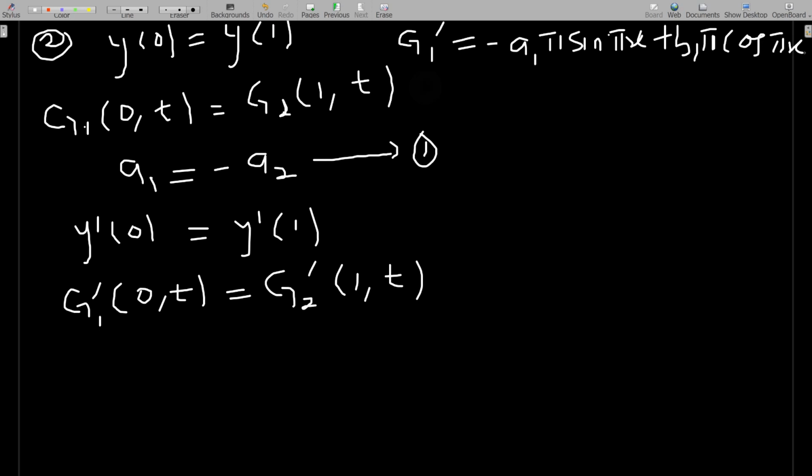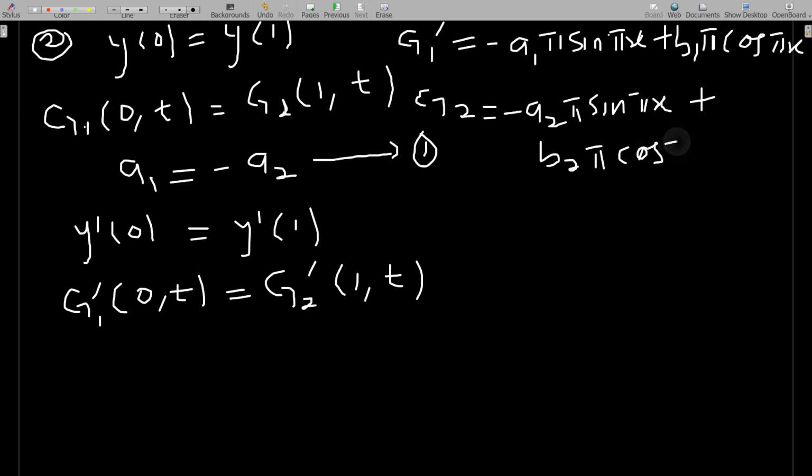For g2 prime, it is the same thing with the variables changed: minus a2 pi sine pi x plus b2 pi cos pi x. I hope you can do this. Wherever you see x in g1 prime, put 0.